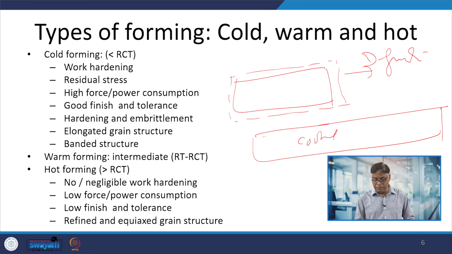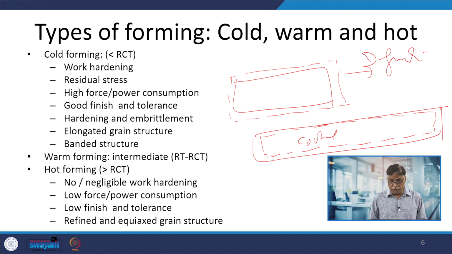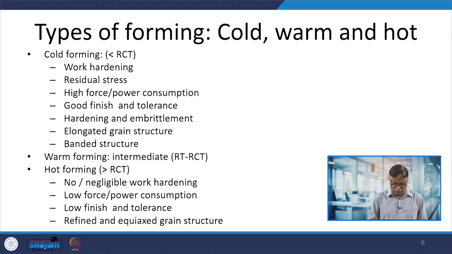Cooling again leads to shrinkage. This shrinkage makes the dimensional control of hot formed products difficult. So, the expansion and contraction due to heating and cooling during hot forming make dimensional control difficult, and that is why the control over tolerance is poor in the case of hot formed products.